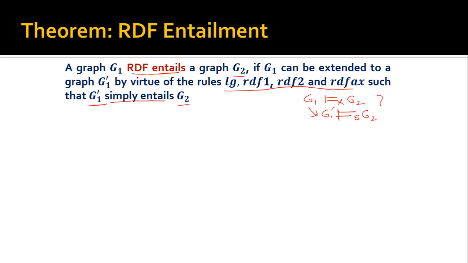So if G2 is RDF entailed by G1, that also means that G2 is simply entailed by G1.